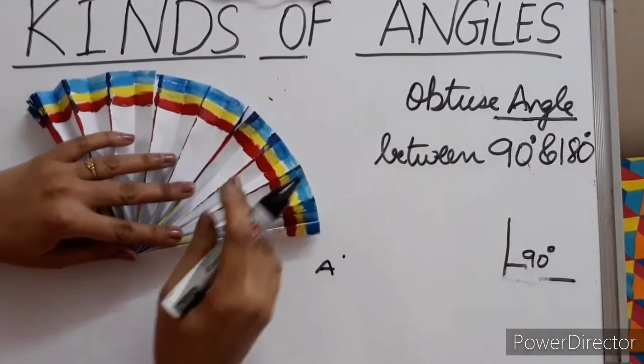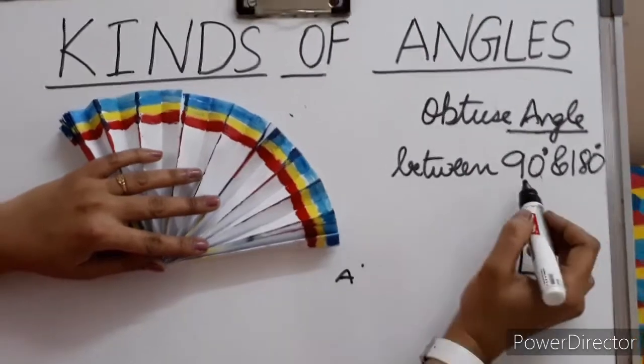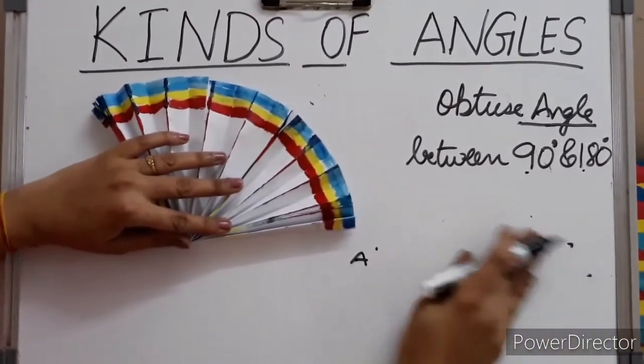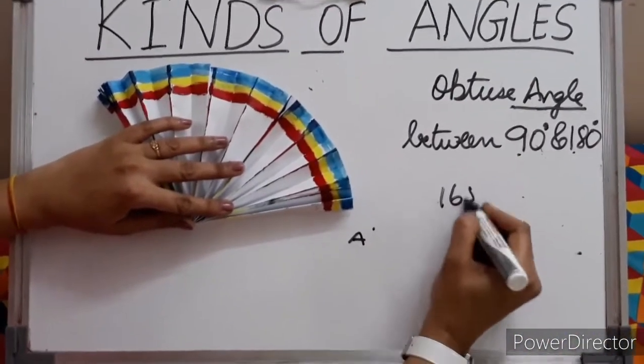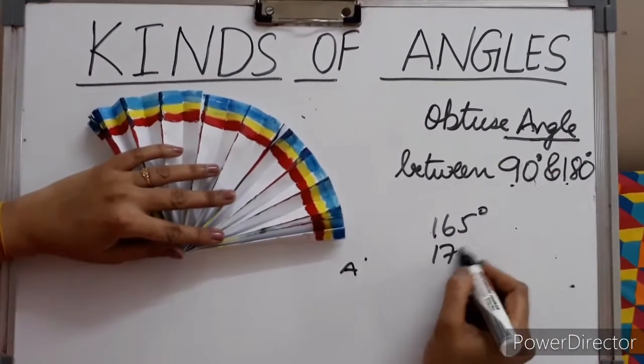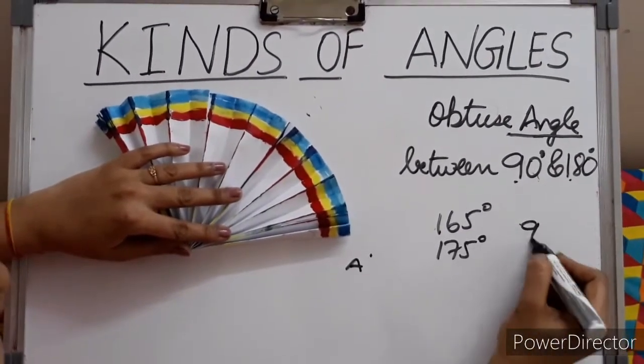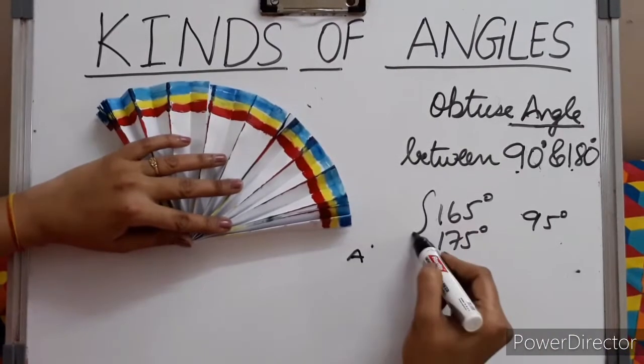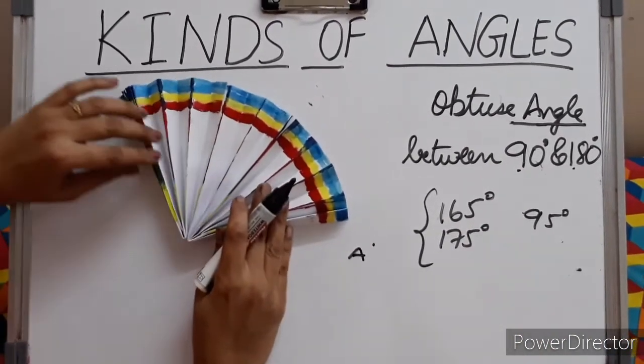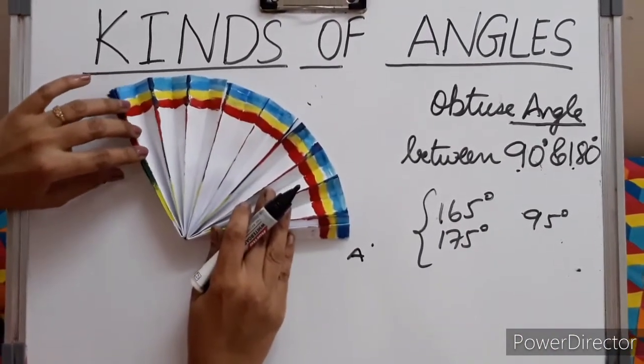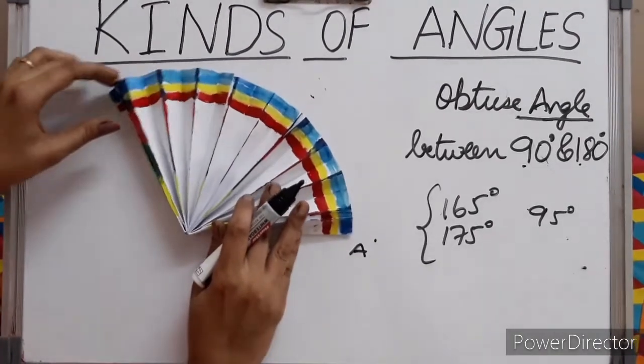So the degrees which come in between 90 degree and 180 degree form an obtuse angle. Suppose 165 degree or 175 degree or 95 degree. All these are what? Obtuse angles because these degrees are in between 90 and 180 degree.